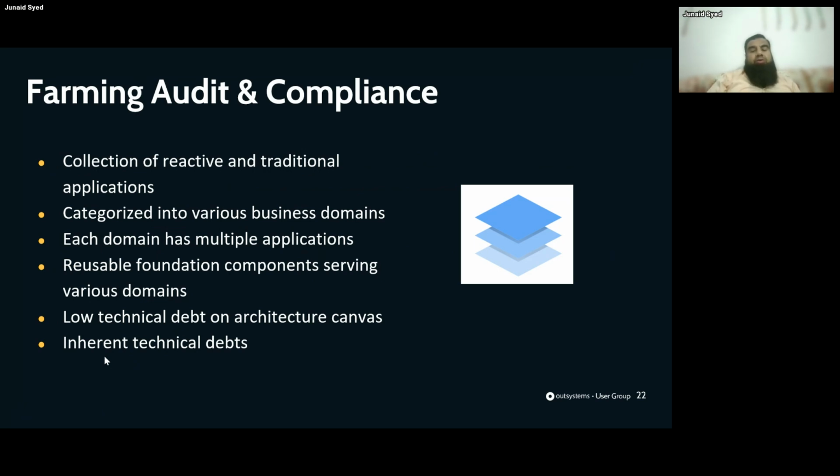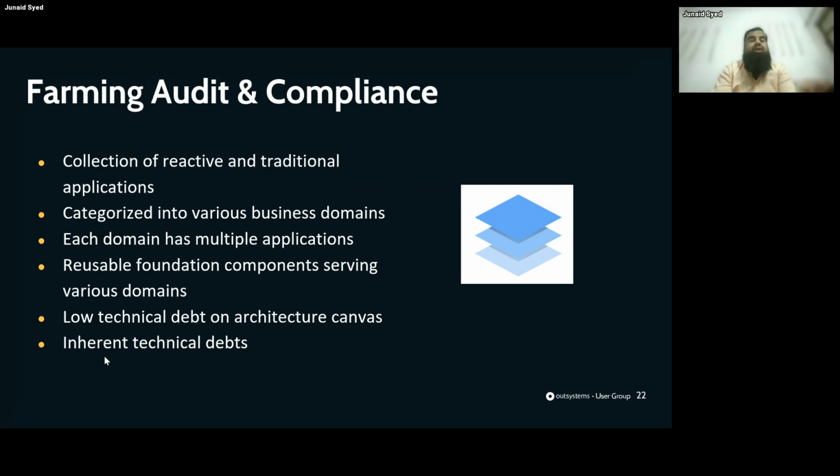That was the core business of the customer, and they already had a huge number of applications in O11. Some of them were reactive and some were still traditional. This was one of the customers where, fortunately, we had the applications classified into business domains.